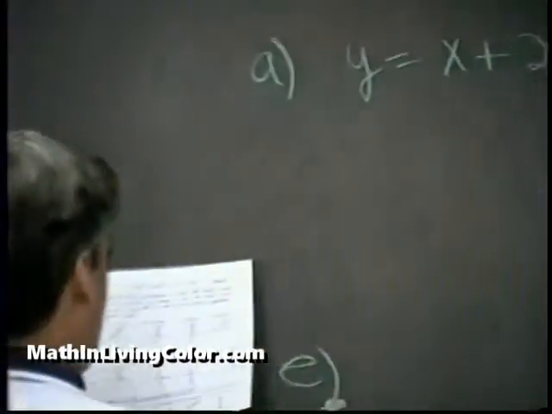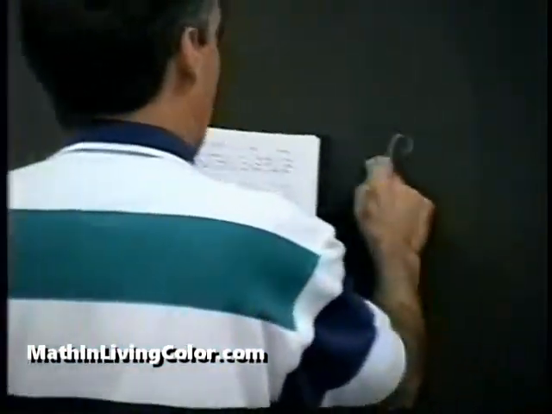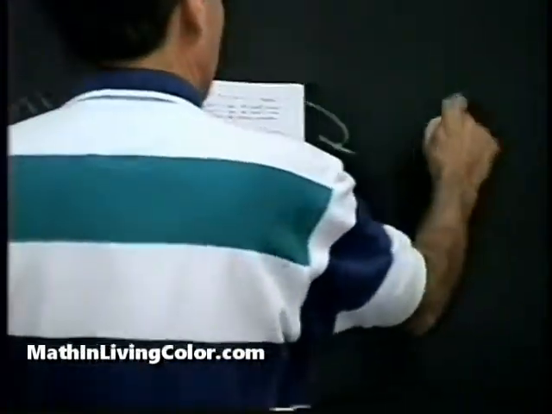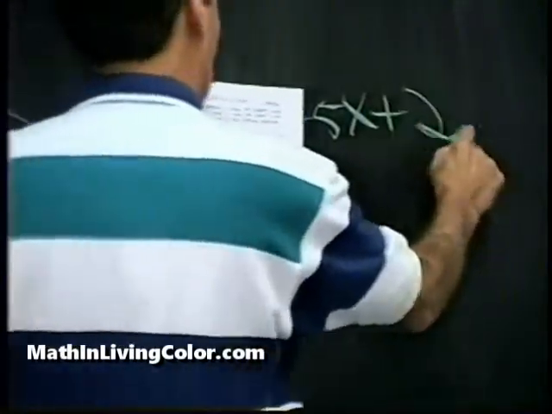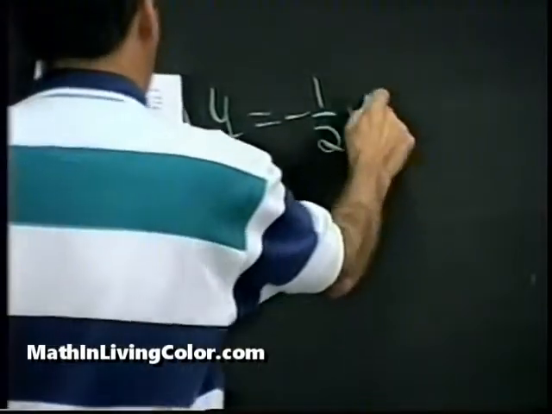Number E says y equals negative x plus 2. Number F, y equals negative 3x plus 2. G says y equals negative 5x plus 2. And H says y equals negative 1/2 x plus 2.